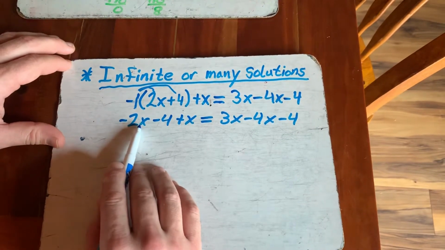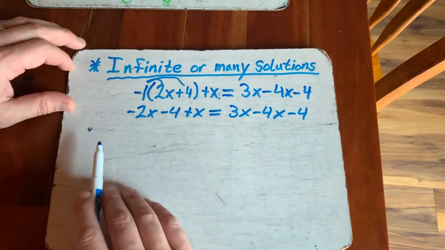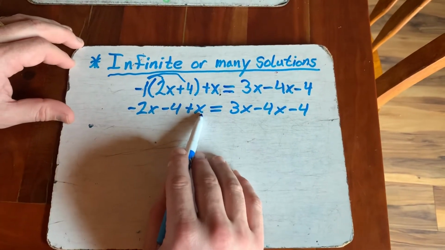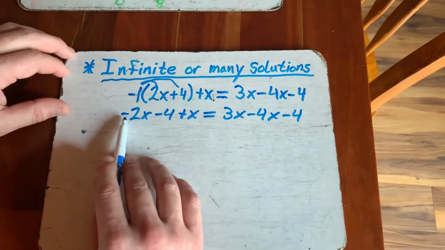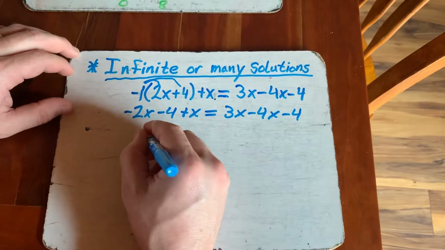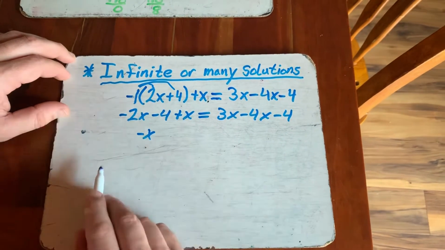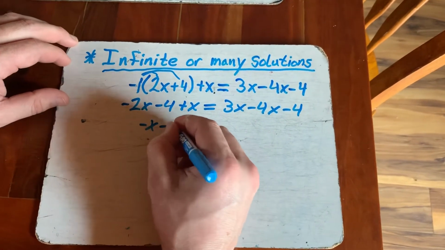I have negative 2x minus 4. I can't combine those because the 4 doesn't have an x on it. But I have another x over here, so I have two x's on the same side of the equal sign. Combine them. Negative 2x plus 1x is negative 1x, because negative 2 plus 1 is negative 1. So that makes negative 1x, or negative x. Bring down the minus 4.